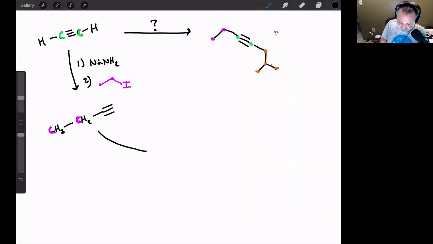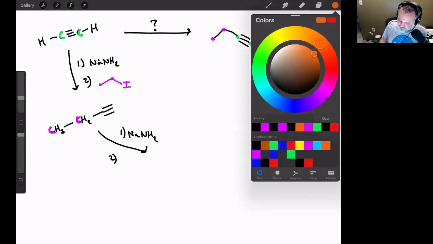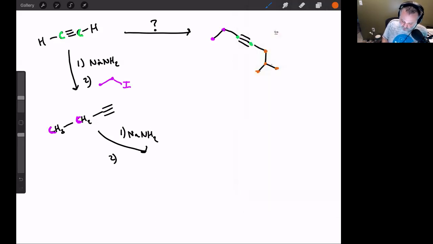Now I can take that same product, react it with sodium amide again, and now I have to have the carbons that are on the right. So that means that I have this carbon, this carbon, this carbon, and this carbon, and it has to be attached to a good leaving group.